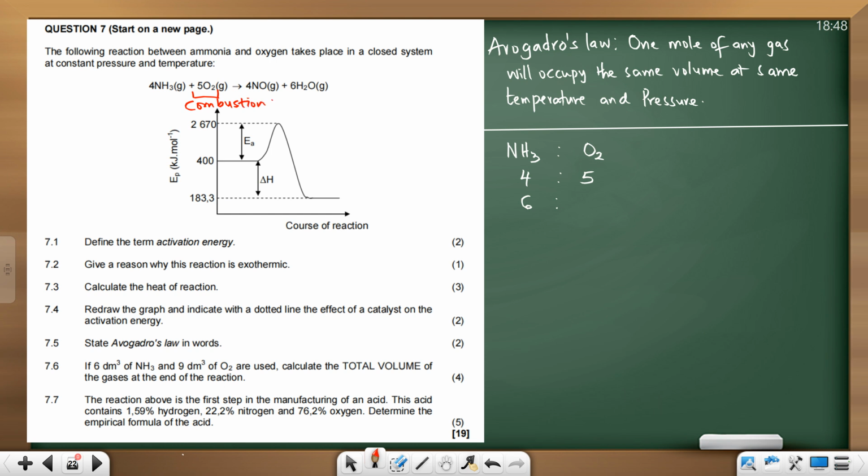So basically, ammonia is burning. And when combustion happens, it burns in excess oxygen. So please take note. Combustion occurs mostly in excess oxygen. That's why I just went straight to say ammonia is limiting, because oxygen is in abundance.